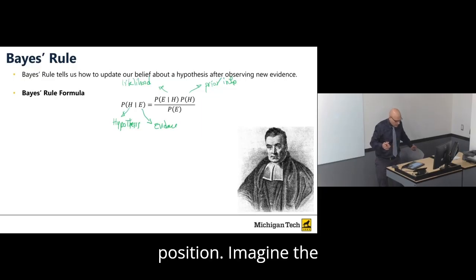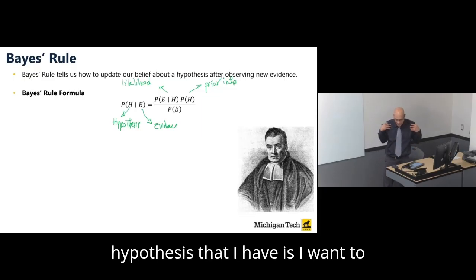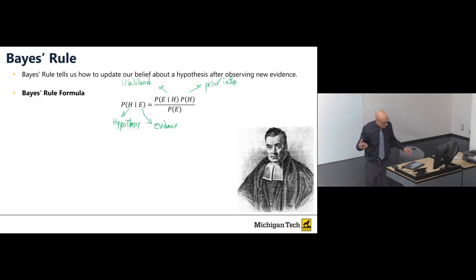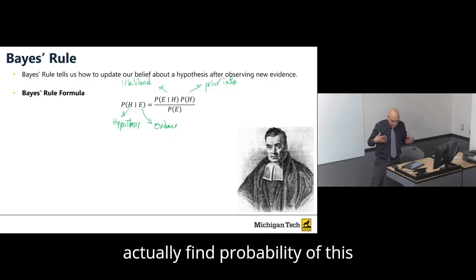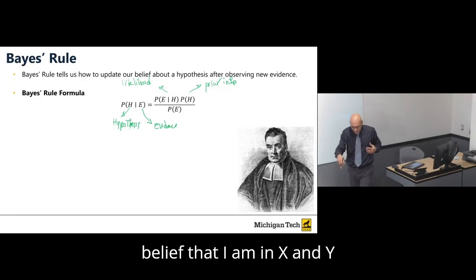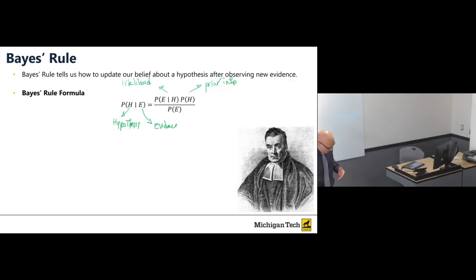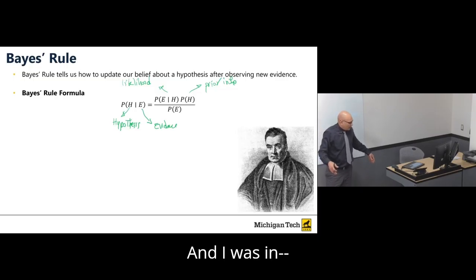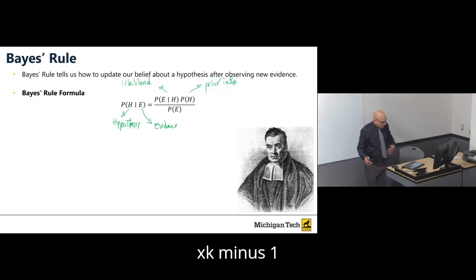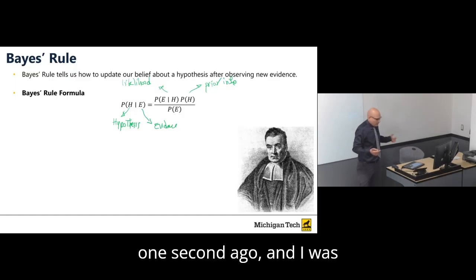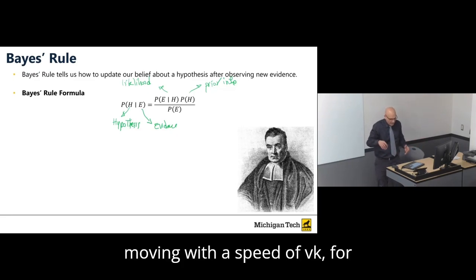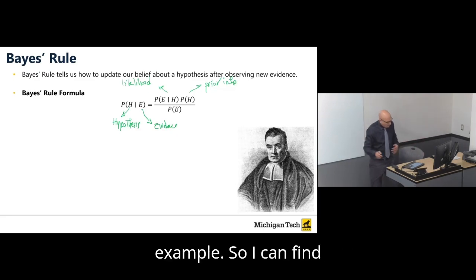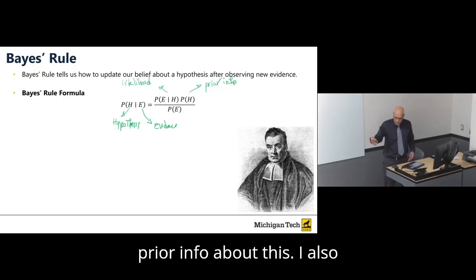Imagine the hypothesis is the belief that I am at X and Y. Imagine I'm a robot, and I was at X_{k-1} one second ago, and I was moving with a speed of V_k, for example, so I can find prior info about this.